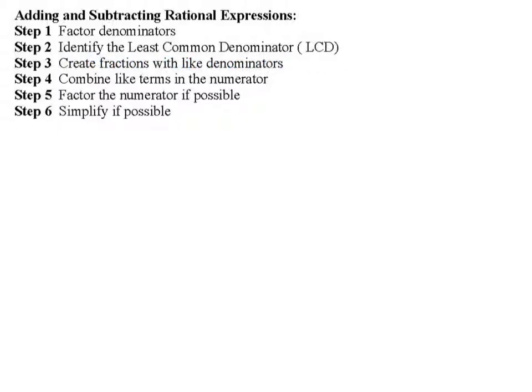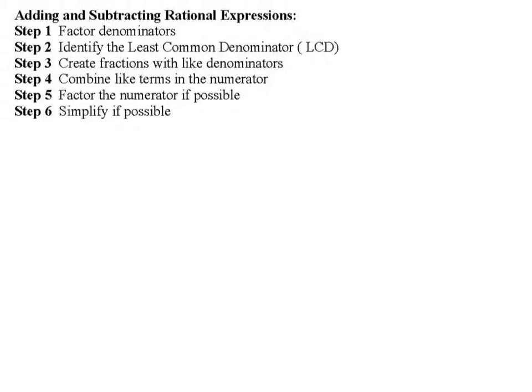After we factor and identify our least common denominator, we'll create fractions with like denominators. We'll then combine like terms in the numerators, factor the numerator if possible, and then simplify. So let's carry out this step-by-step process. Again, this is just to remind you of the steps you should be looking for.